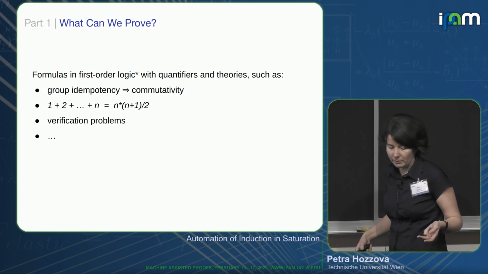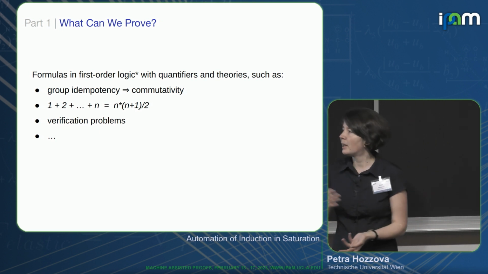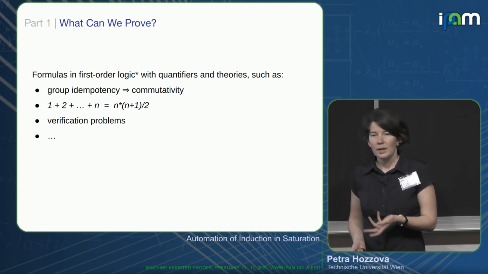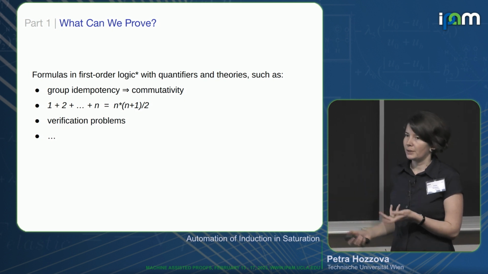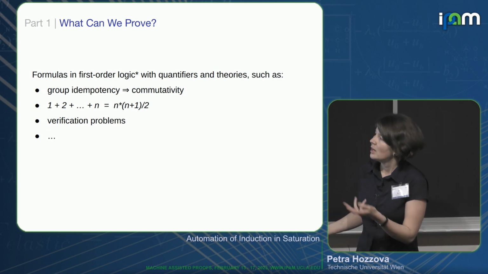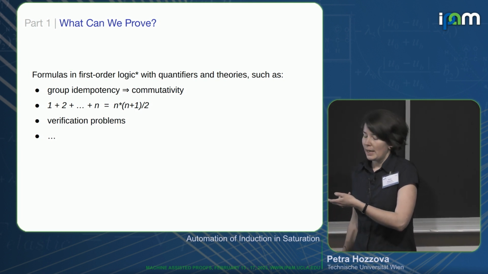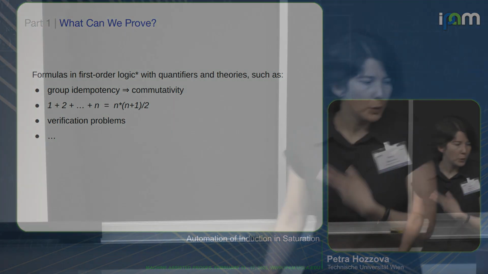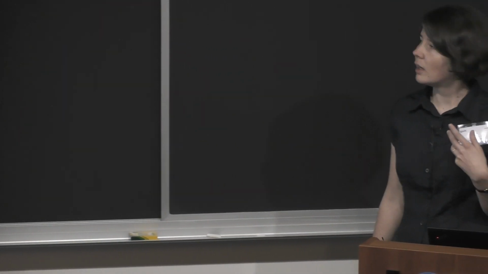We can solve some not so pretty but practical problems originating from verification, for example, stuff that maybe a human might not want to actually look at, but we might want to have proved. To contrast this with what SMT solvers do, we had a really nice talk yesterday about quantification and quantifier elimination in SMT.